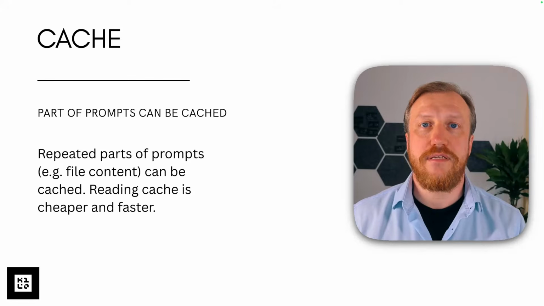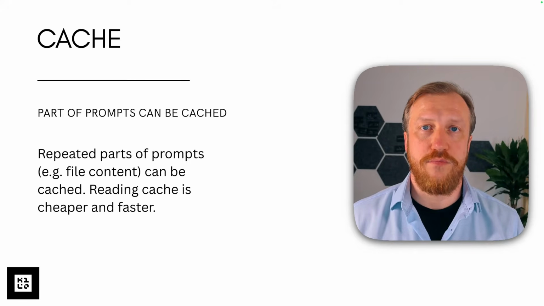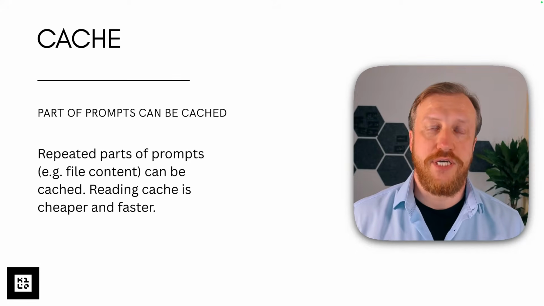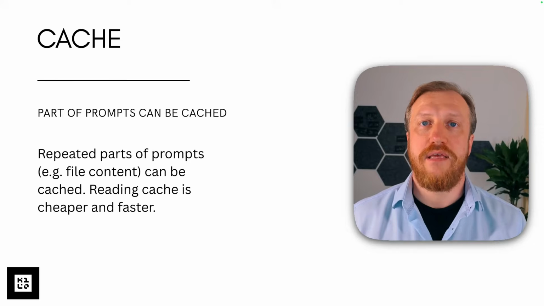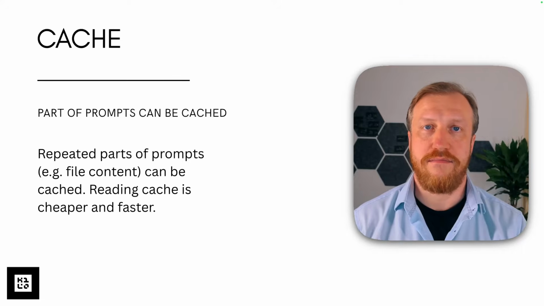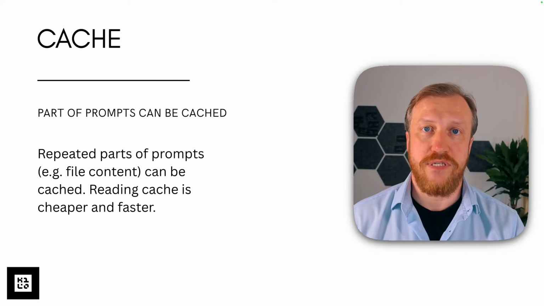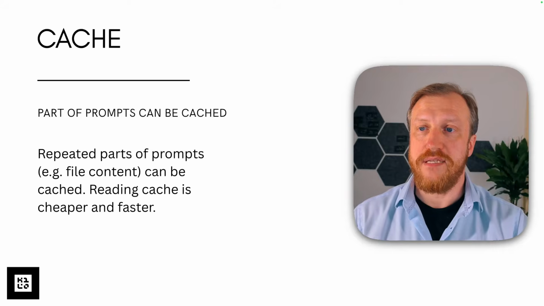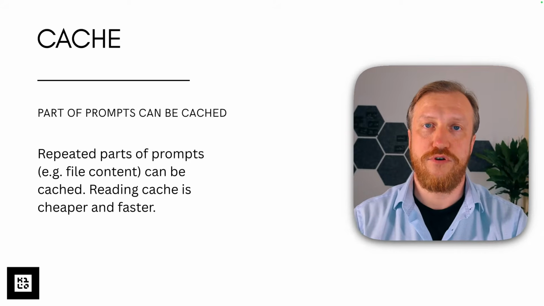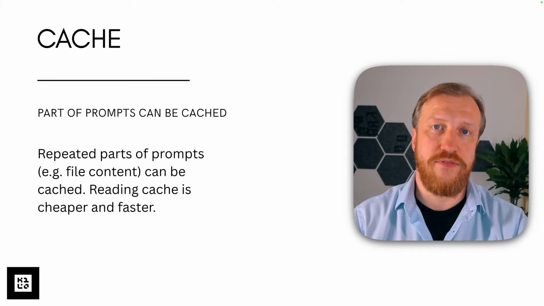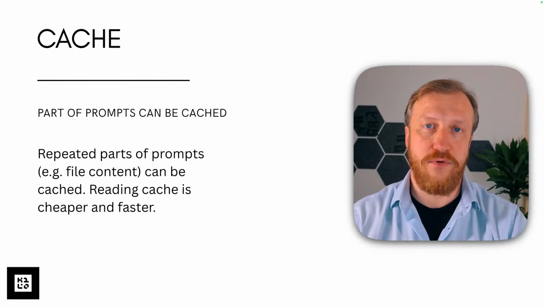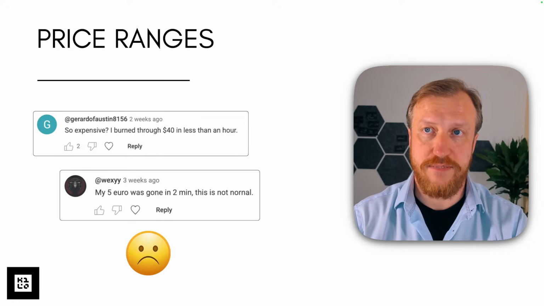And those repeated parts then will be read not from your prompt, but from cache, and it will be significantly cheaper than sending something new again and again. It's important to understand that not all models will support caching. But anyway, those that do support it usually will perform slightly cheaper than those that don't. Although there are, of course, more factors.